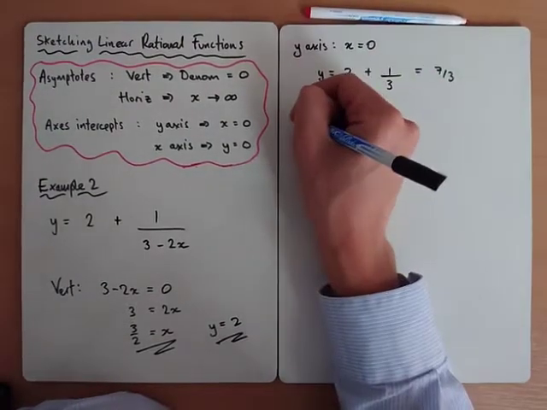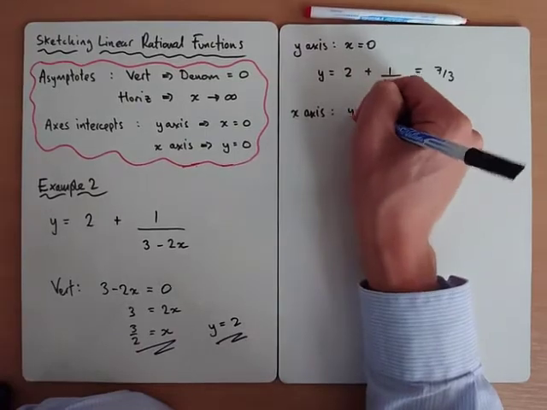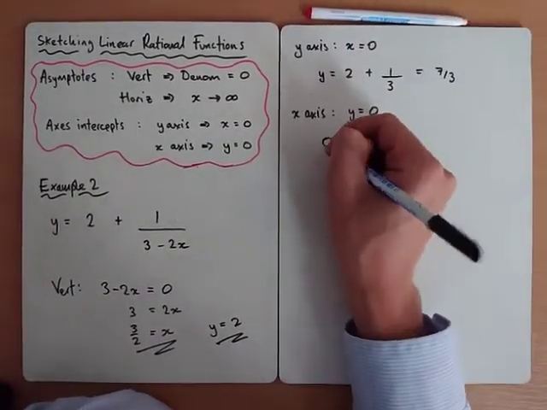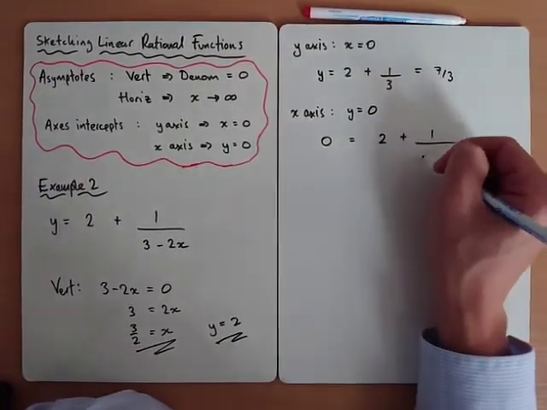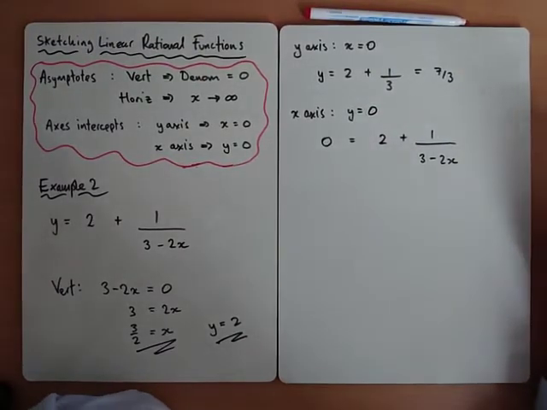And then for the x-axis, y would equal 0. So be careful how we solve this. We've got 0 equals 2 plus 1 over 3 minus 2x. So we need to rearrange this equation to figure out what x equals.